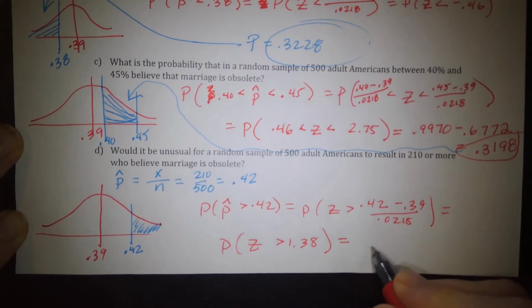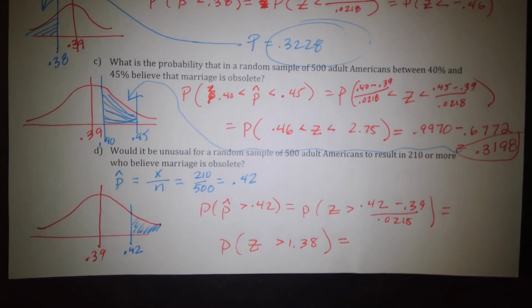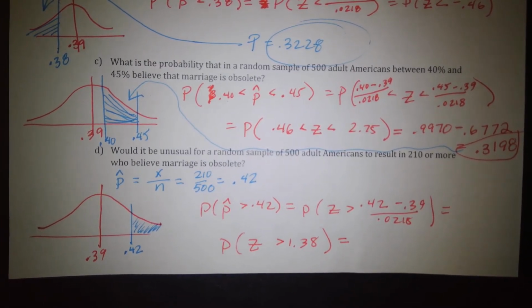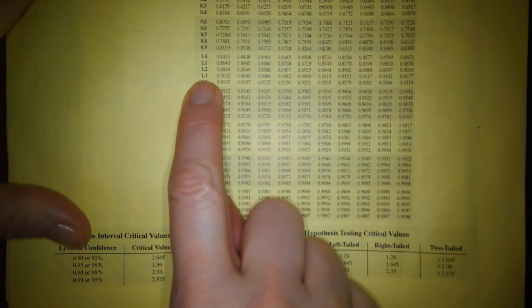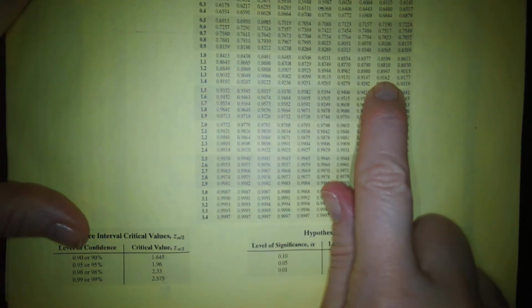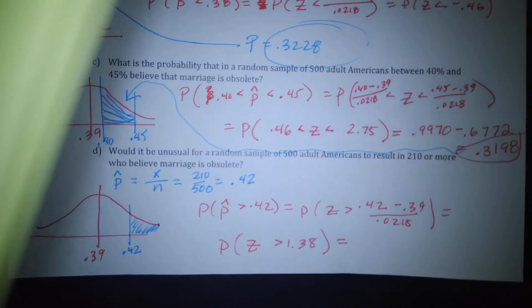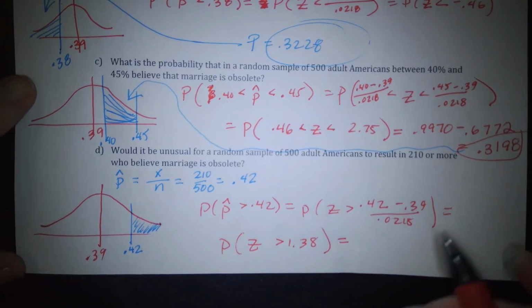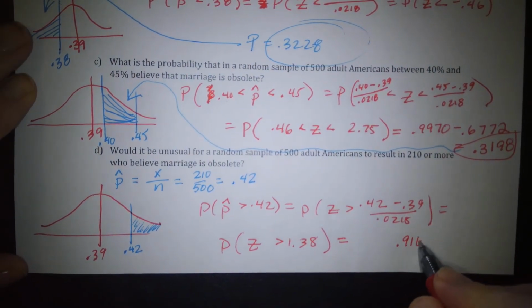which, if I go to my z table, table 5, I look up a z-score of 1.38. 1.38 is going to give me a probability of 0.9162.